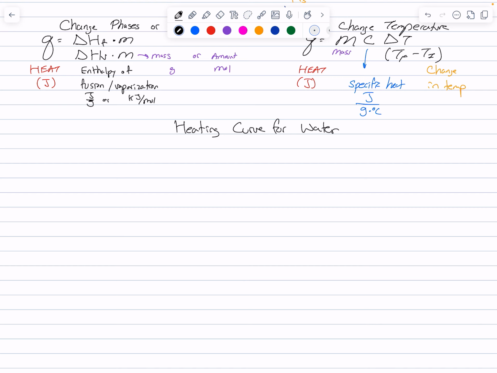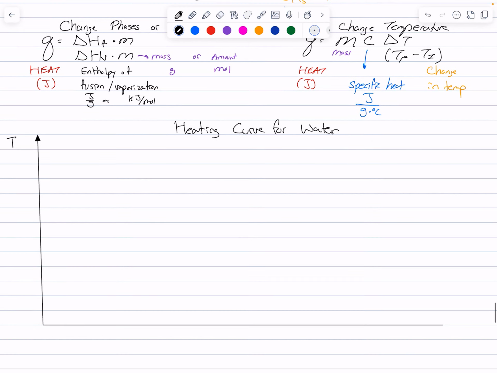So in our heating curve, we have a y-axis, which will be temperature, and an x-axis that's going to represent energy.